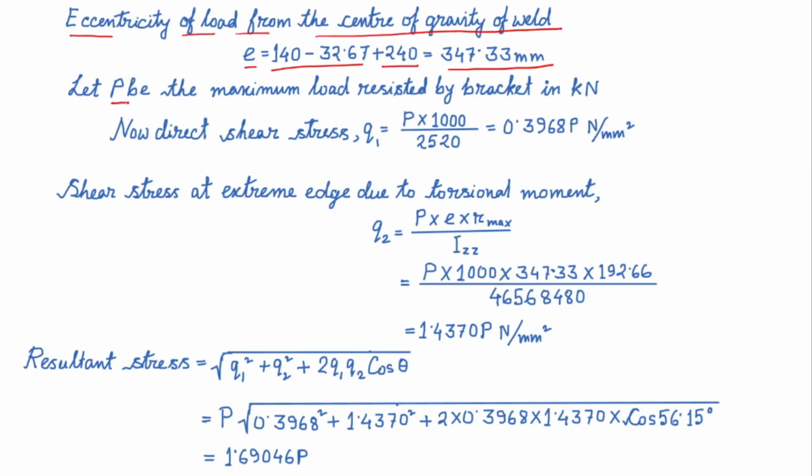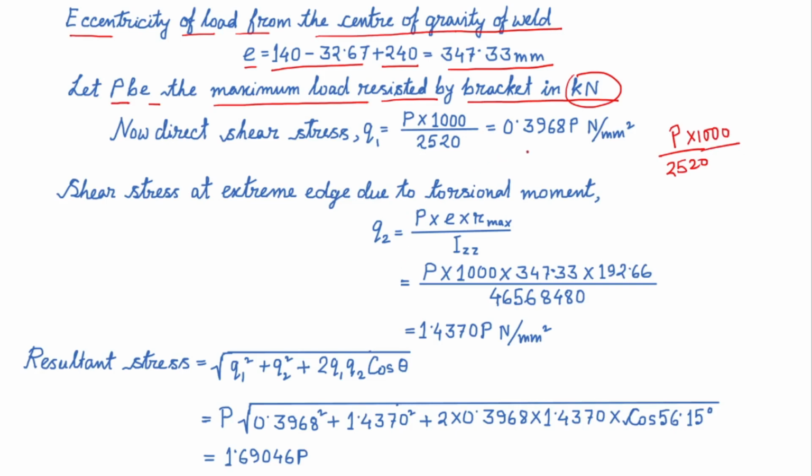Next, let P be the maximum load resisted by the bracket in kilonewton. So in the question you have to calculate the unknown P, which is assumed to be in kilonewton. Now direct shear stress Q1 means P by 2520, and P is converted into Newton by multiplying by 1000.